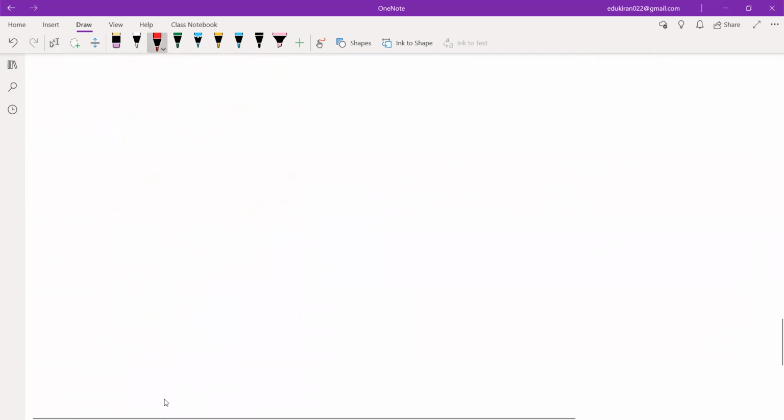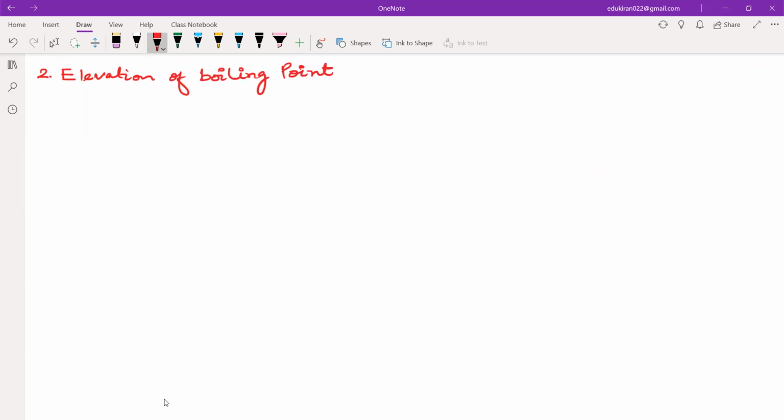Elevation of boiling point. ठीक है, अब ध्यान से सुनिएगा.